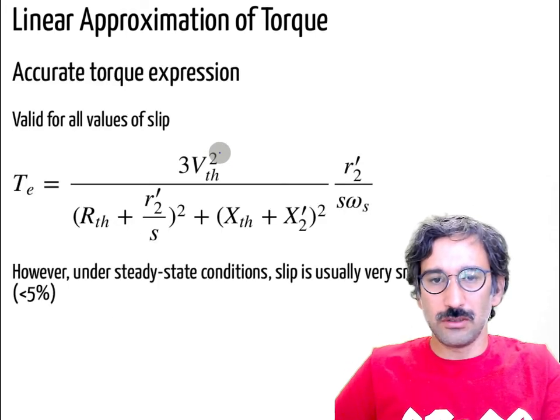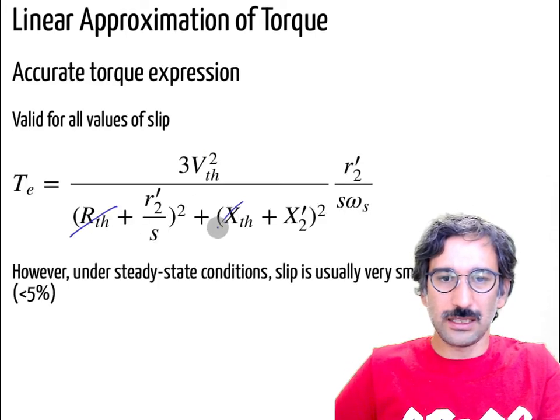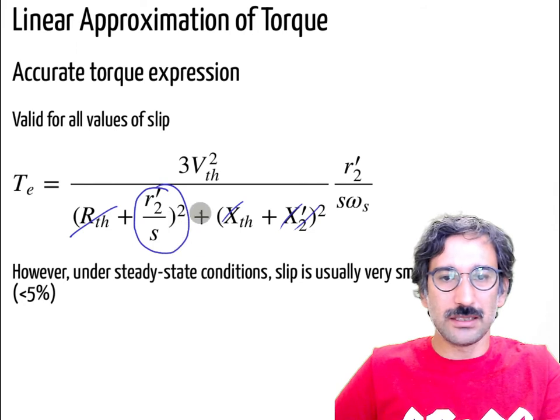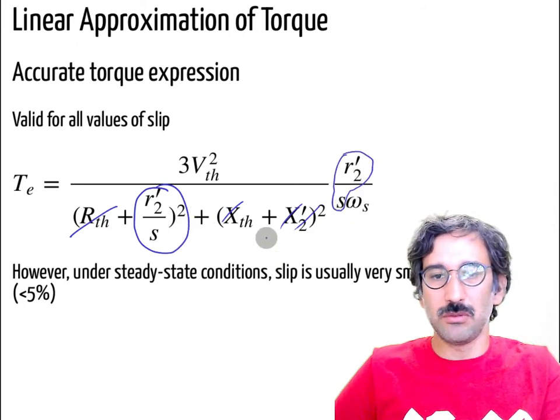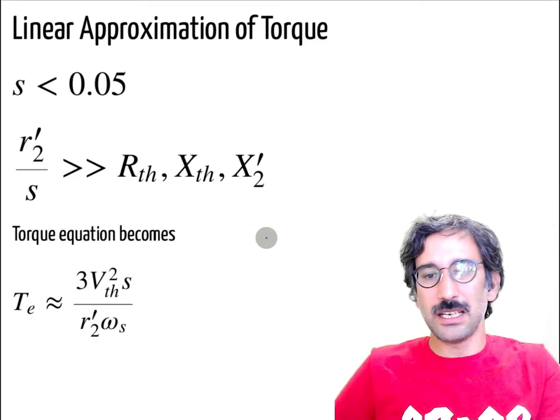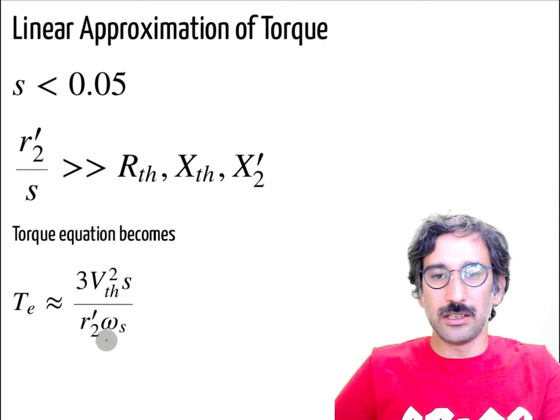Okay, so if you just neglect those things, you have that component here, R2 prime over S squared, and then you have another R2 prime over S component, and once you write that one, it becomes S divided by R2 prime.